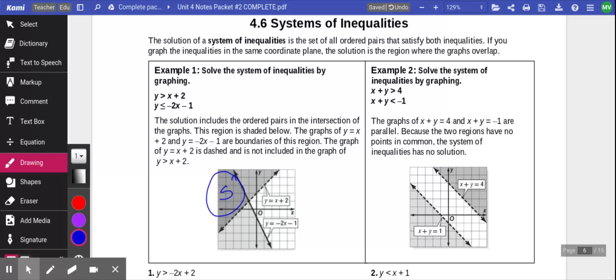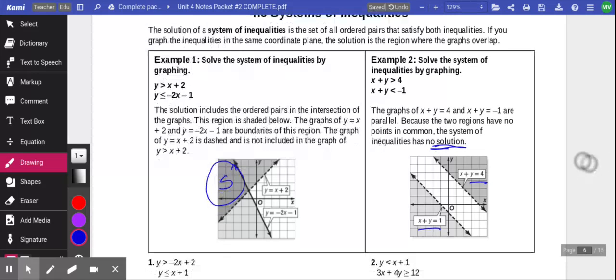So now example 2, here again I graphed both inequalities, and x plus y is greater than 4 is over here on the right, and x plus y is less than 1 is over here on the left. And when I look at that, there is no area where they share, so there is no solution.